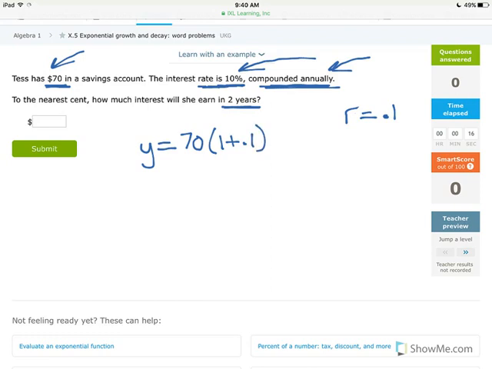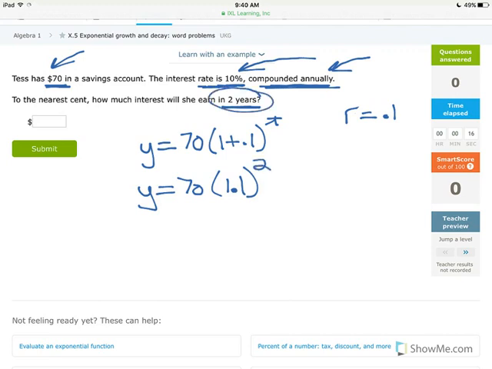And we're doing plus because it's growing. And then we can say T or X will be the number of years. So Y equals 70, it's going to be 1.1 to the T. And what's T? How many years? 2.